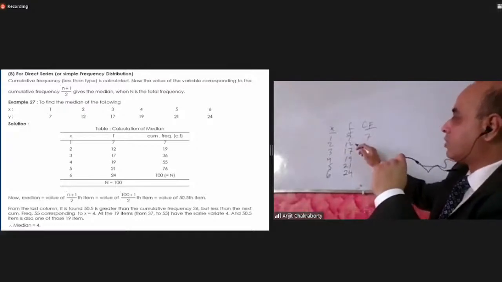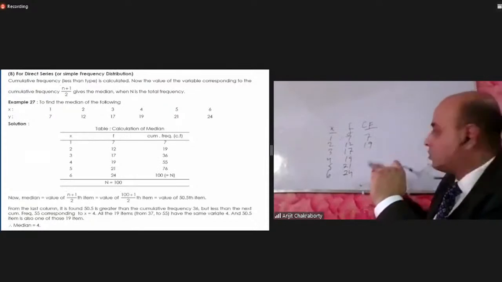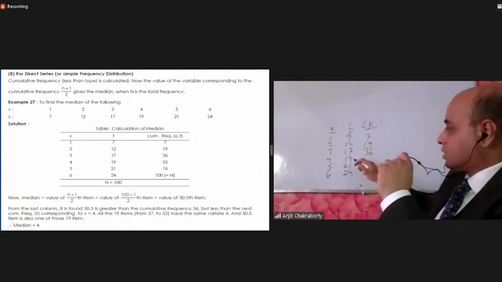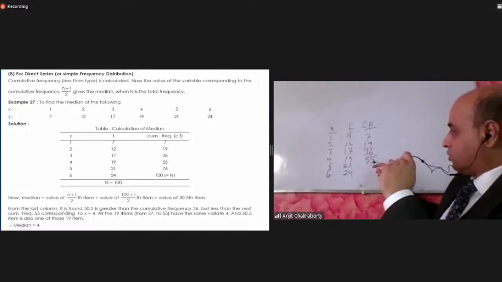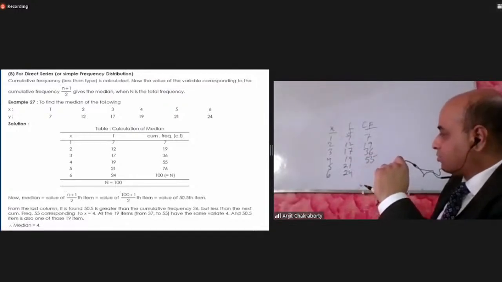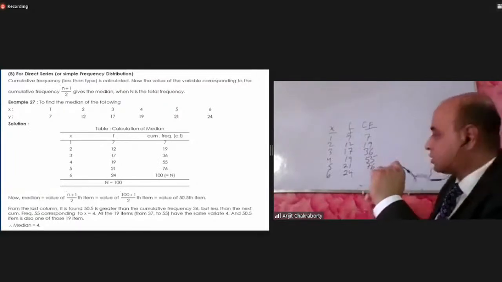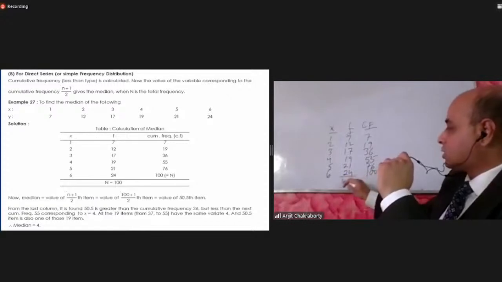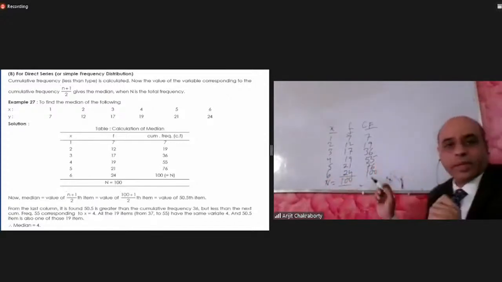Next is 7 plus 12, so 19. Third is 19 plus 17, so it will become 36. 36 plus 19, the fourth cumulative frequency is 55. 55 plus 21 is 76. 76 plus 24 is 100. So the total is 100. So n is equal to 100.